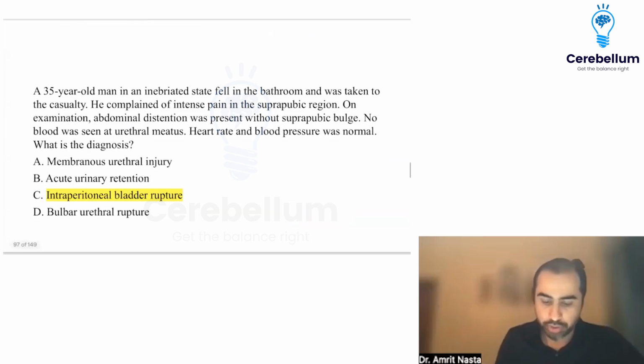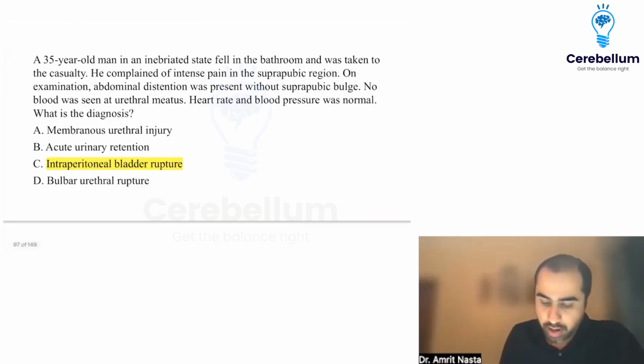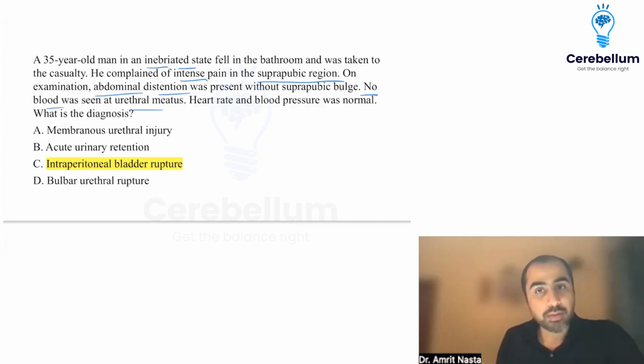Okay, important question. 35-year-old man in an inebriated state fell in the bathroom. He had intense pain in the suprapubic region. Abdominal distension was present and no blood was seen at meatus. So if there is no blood seen at meatus, it is not a urethral rupture.